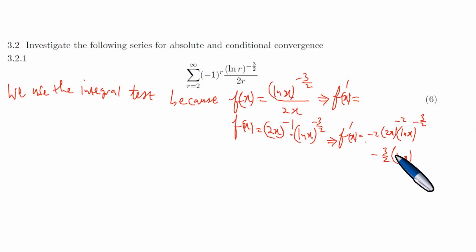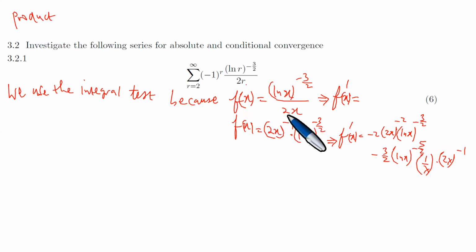You're using the chain rule, so bring down the minus 3 over 2 and then subtract 1, which is minus 5 over 2. And then you multiply by the derivative of the ln, which is 1 over x. And then in view of the product rule, we keep the 2x, the minus 1 constant. See, this is consistent with the product rule.